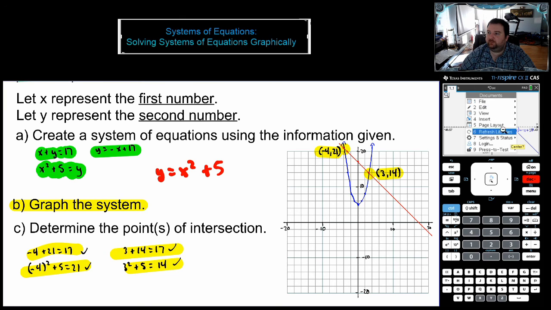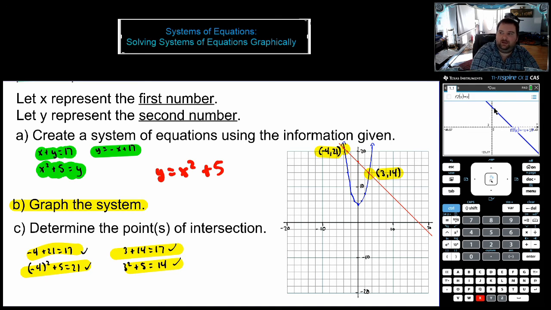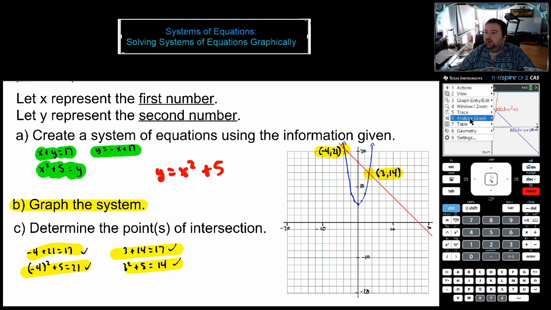Now we can see it. Then we're going to add in our second function, which is x squared plus 5, and graph it. Now you can see clearly there are 2 points of intersection, so we're going to find them. We're going to analyze our graph, go intersection. On the left of both the intersections, we're going to click, drag it over.